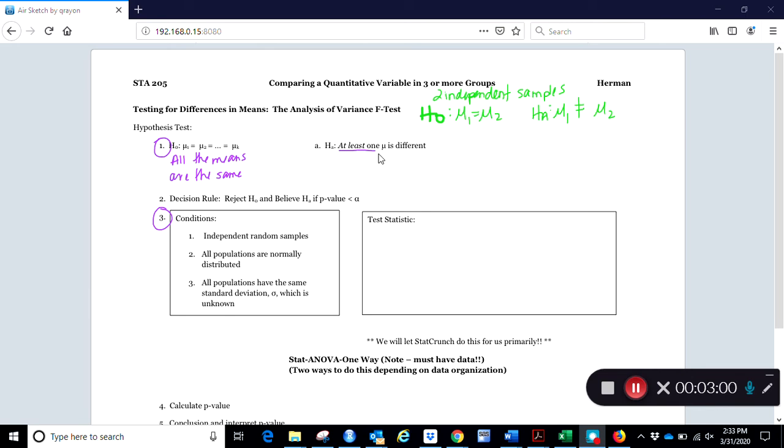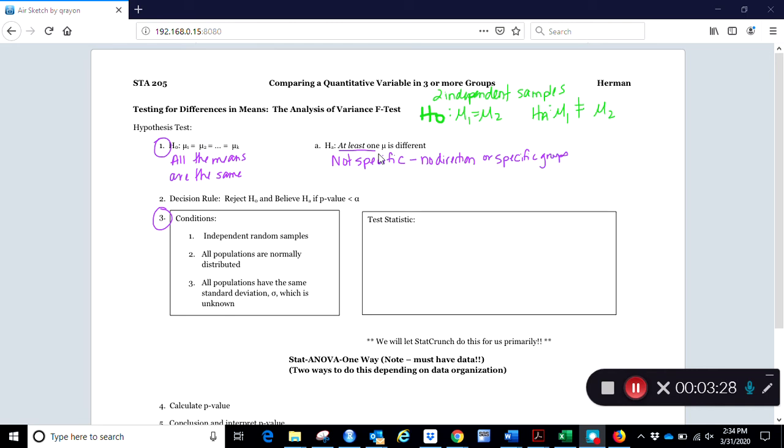And of course, when I say that's at least one, what's important about this is that it's not being specific at all. It's no direction. It's kind of like that not equal to that we have above. So no direction is given, and it's not giving any specific groups.